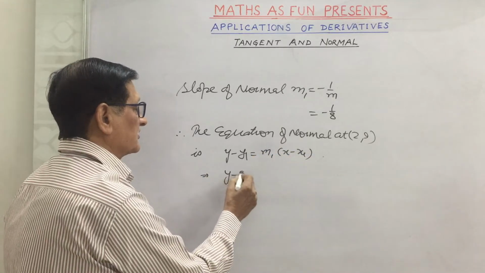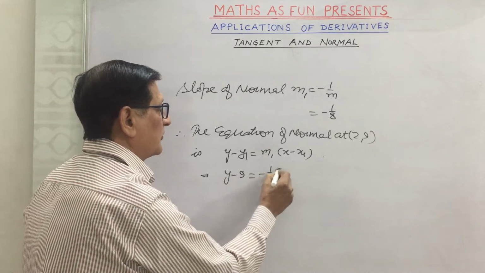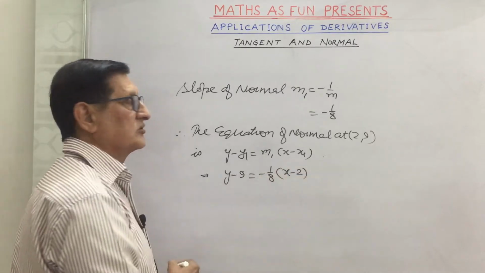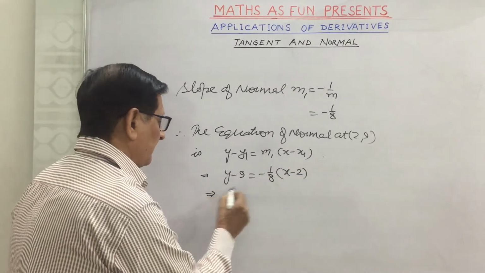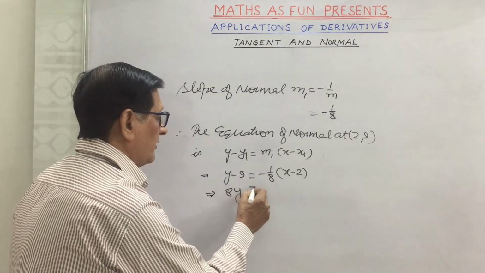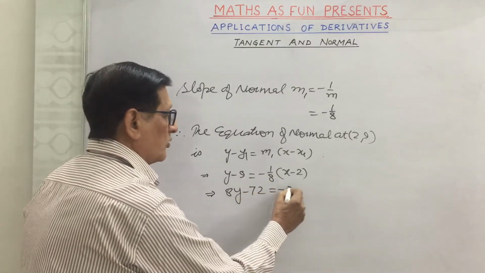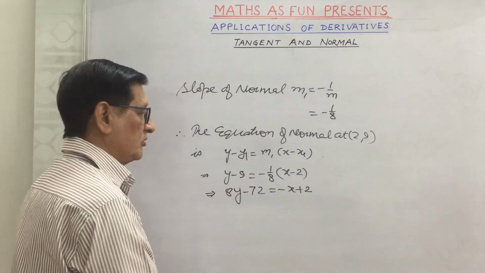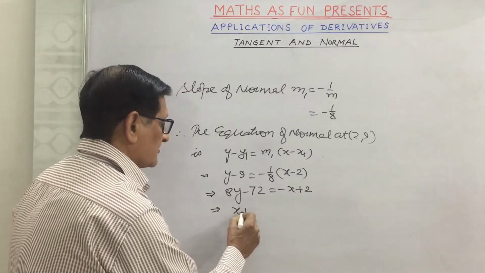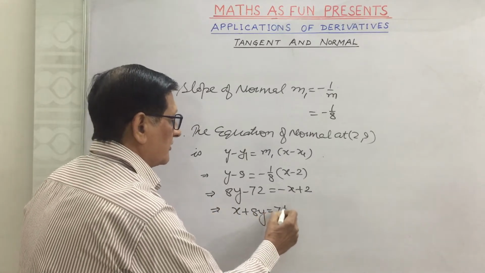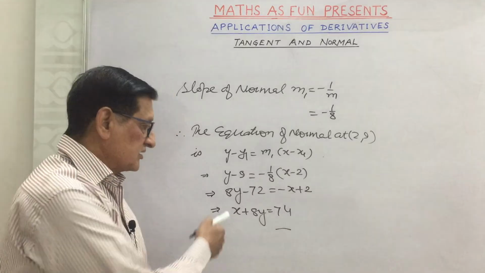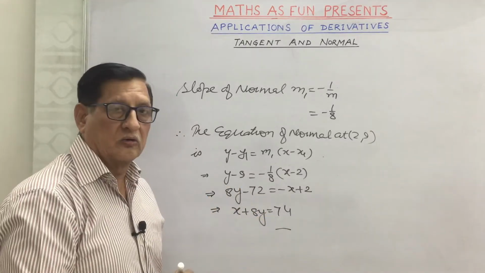That is y minus 9 is equal to minus 1 upon 8 into x minus 2. On simplification, we get 8y minus 72 equal to minus x plus 2, or we can say x plus 8y equal to 74. This is the equation of the normal.